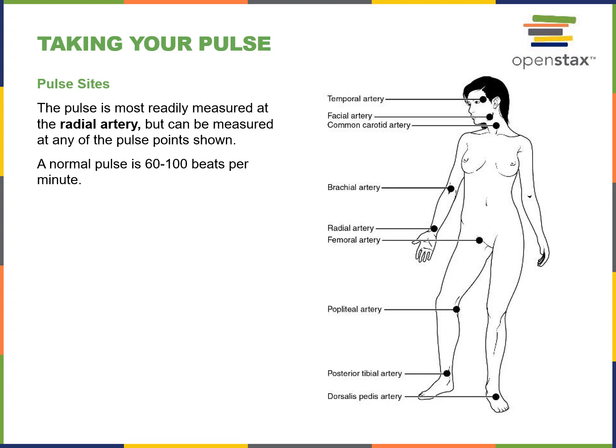A slide on pulse. We already said that a pulse is generated, and here's the radial artery, which oftentimes is used for a pulse measurement. You just have to find your radial artery. The common carotid artery here is also used quite often, but there are other pulse points.